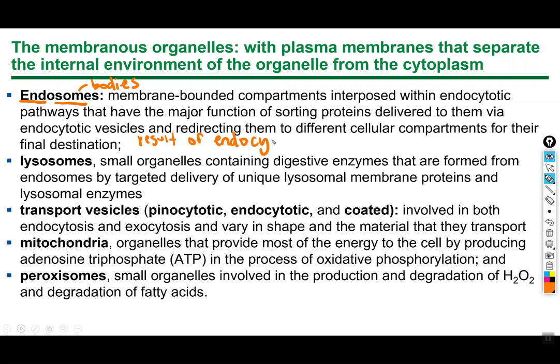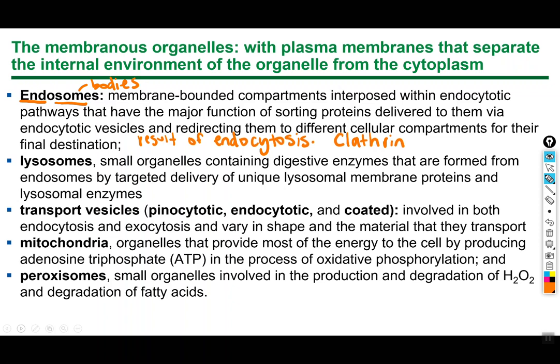So let me write that down. And so most endosomes, especially ones that are coated with clathrin, have studded in their membranes little tags that mark the destination where they're supposed to be sent to.